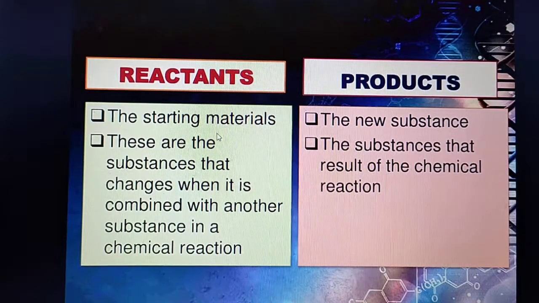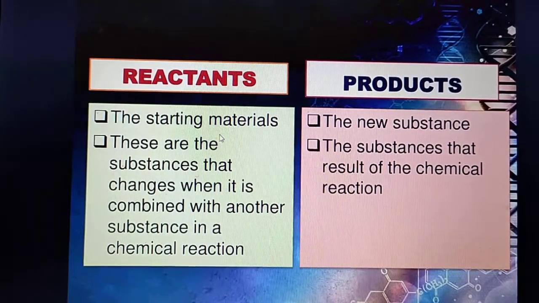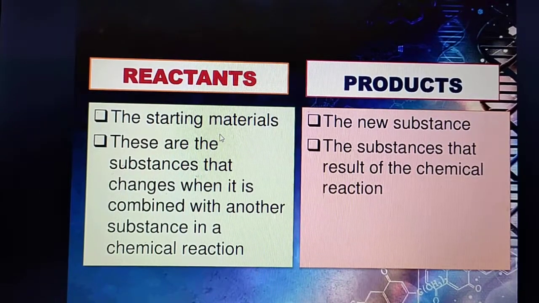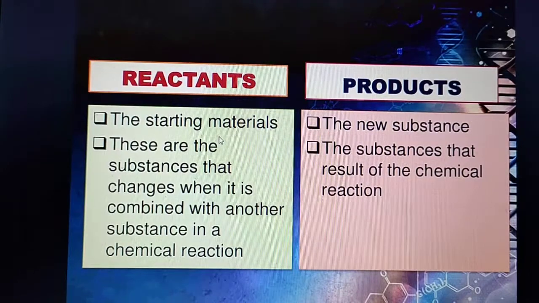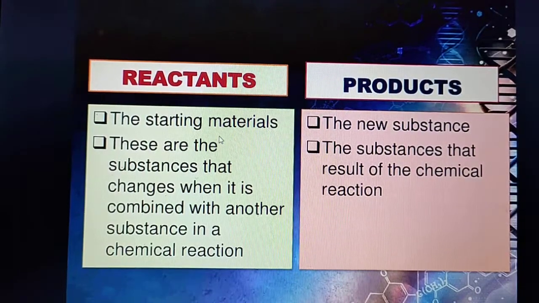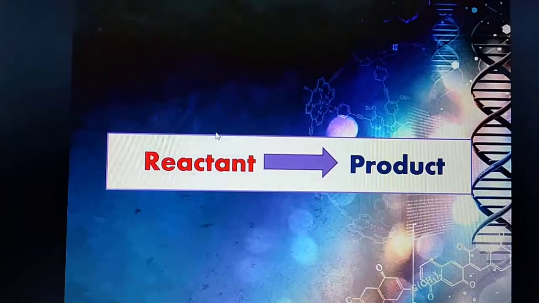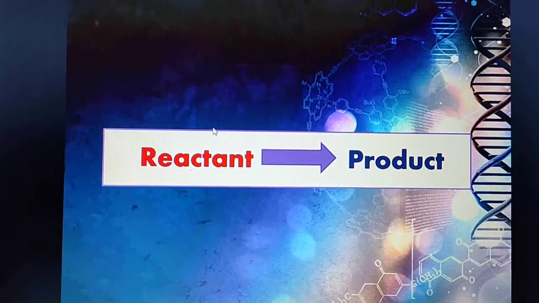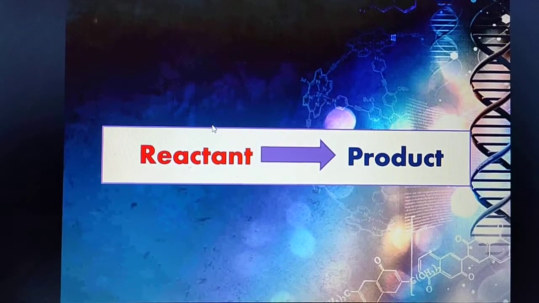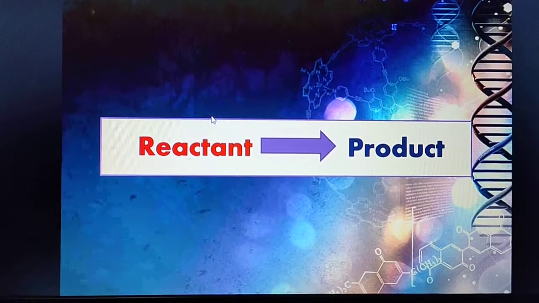The substances which take part in a chemical reaction are called reactants, and the substances formed during the reaction are called products. Reactants are written on the left hand side of a chemical equation and products on the right hand side.